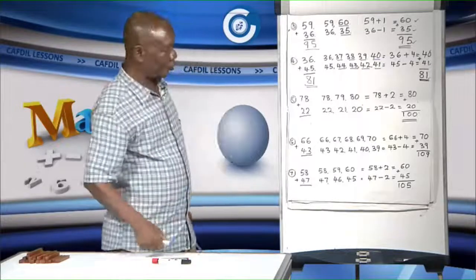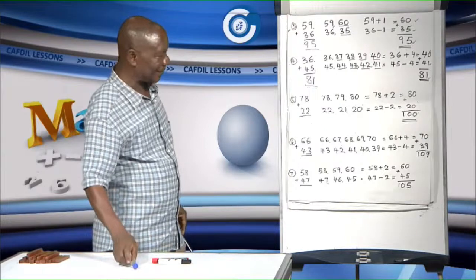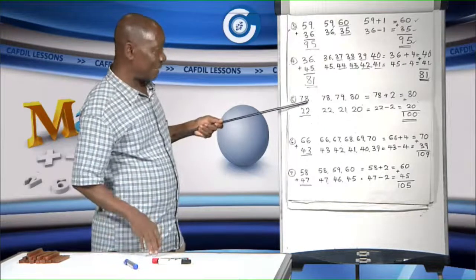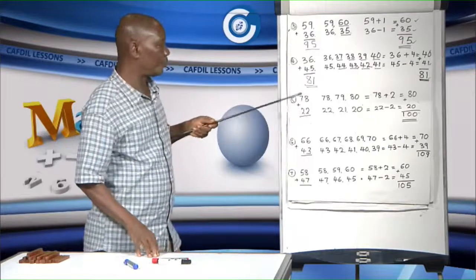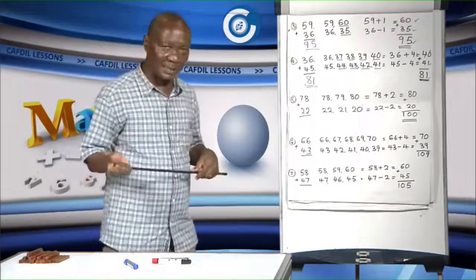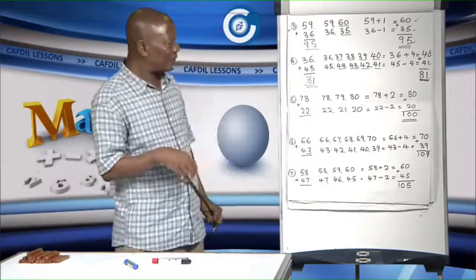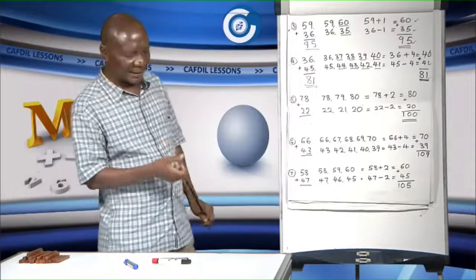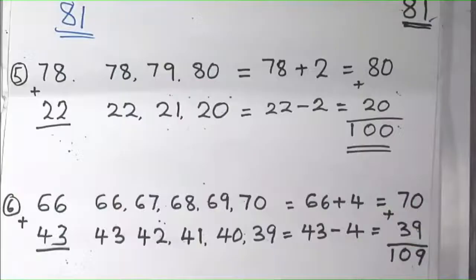Now we go to question 5. That is 78 plus 22. Now from 78, the next number which will end in 0 will be 78, 79, then 80.